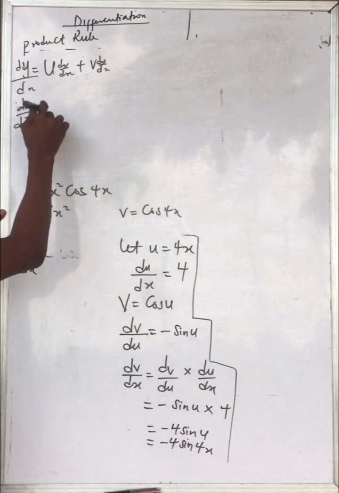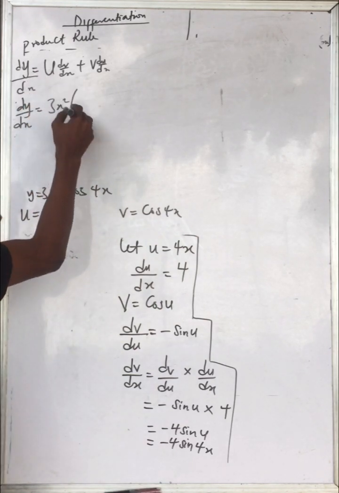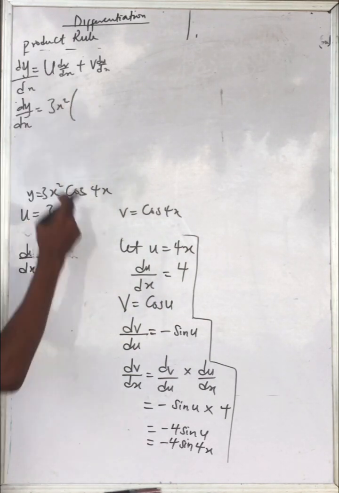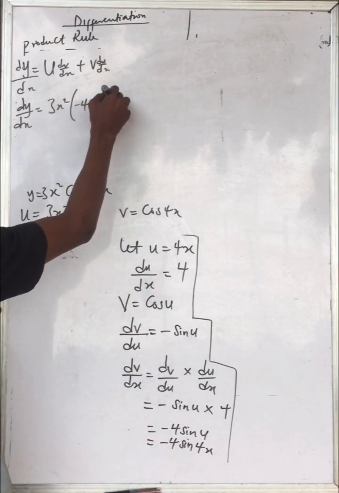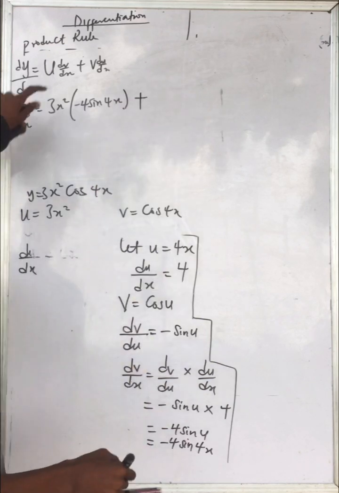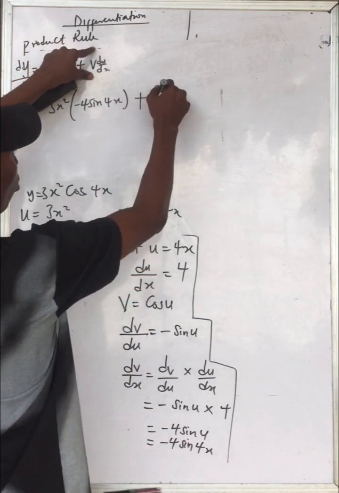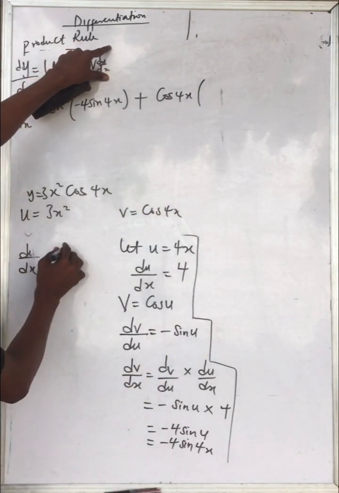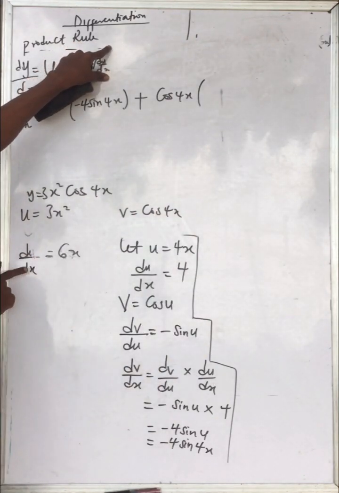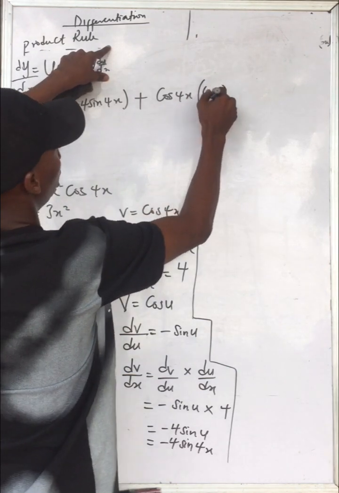So my u is then 3x squared into dv/dx, which was minus 4 sine of 4x, plus my v, which was cos 4x, open bracket du/dx, which was my 6x in question here.